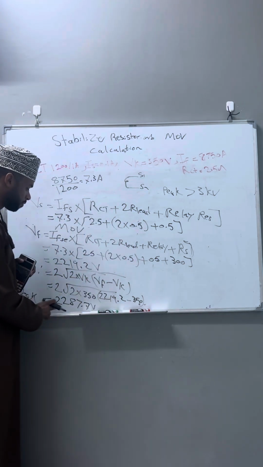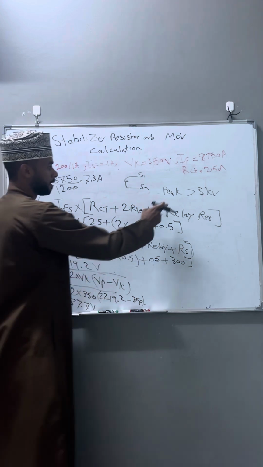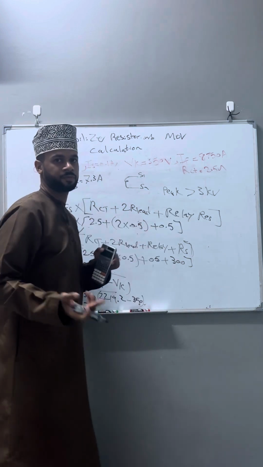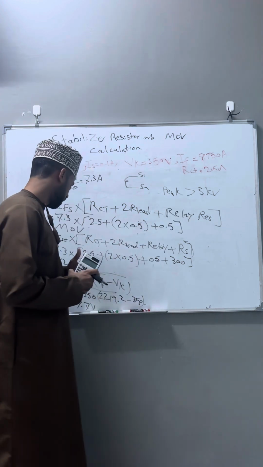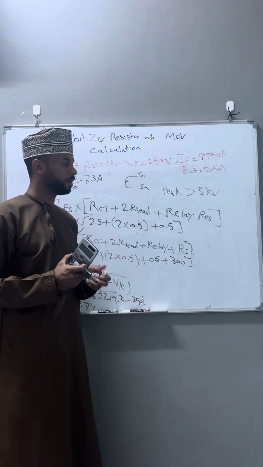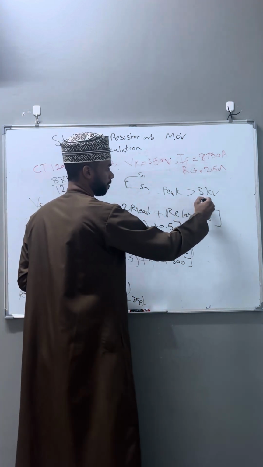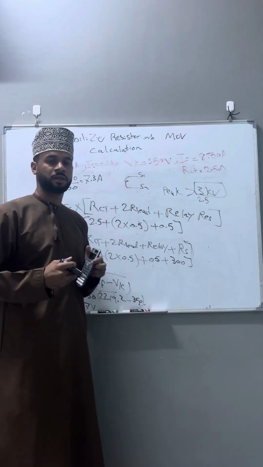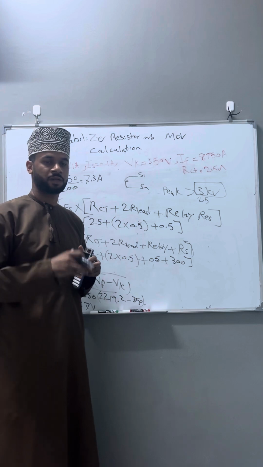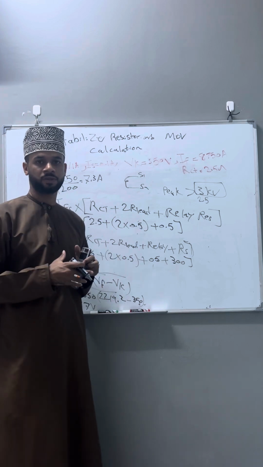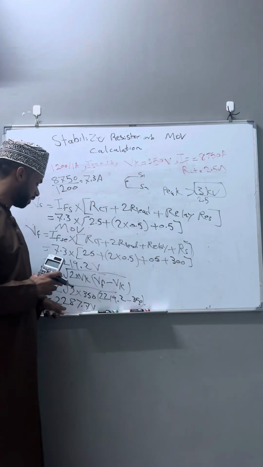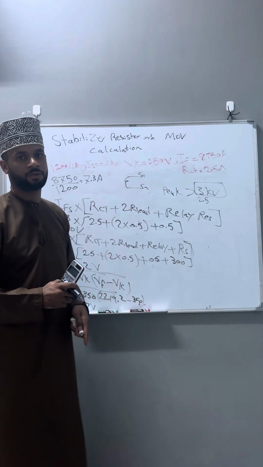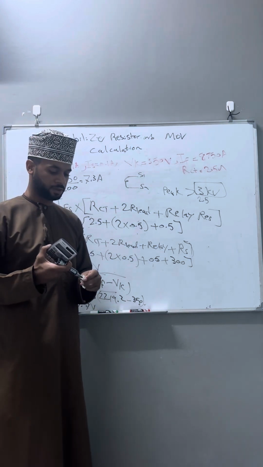The value we found here, 2287 volt, is less than the required 3 kV, so the metrosil is not considered in this case. Some companies also use 2.5, but mostly they use 3 kV. So in this case, the peak voltage of 2287 is less than 3 kV, so the metrosil is not required.